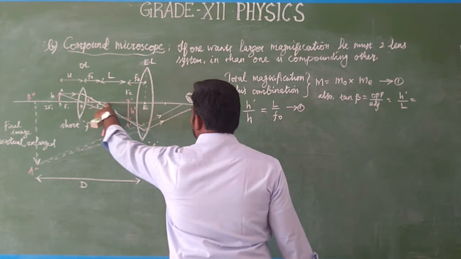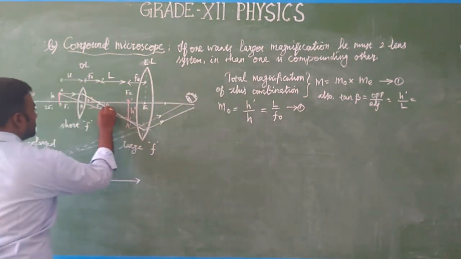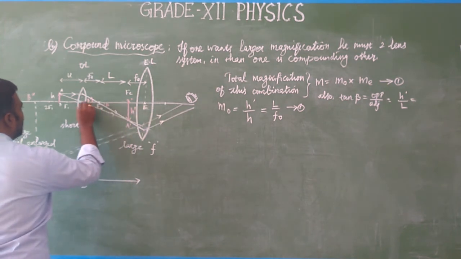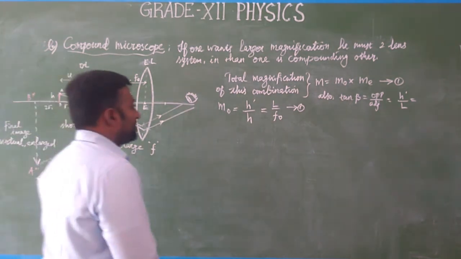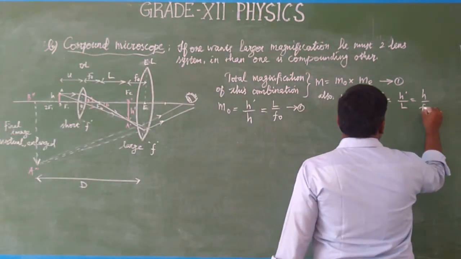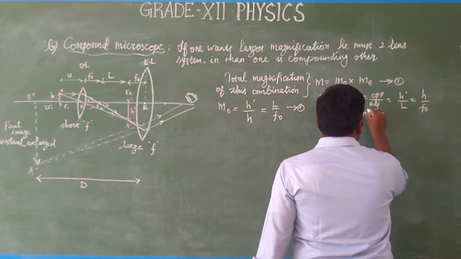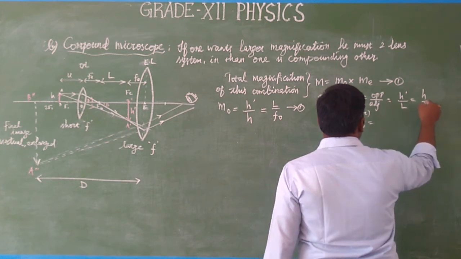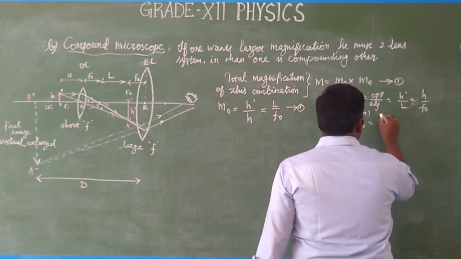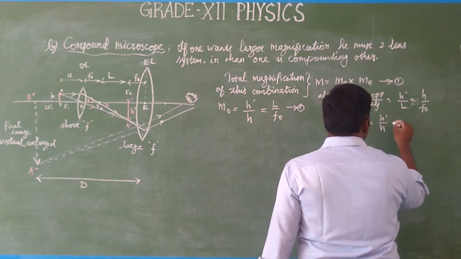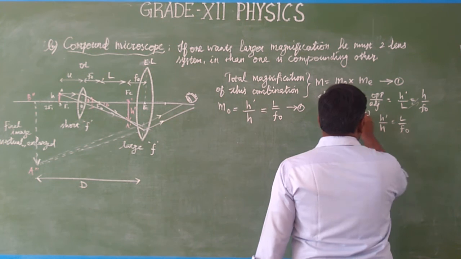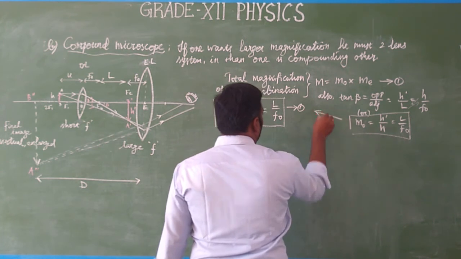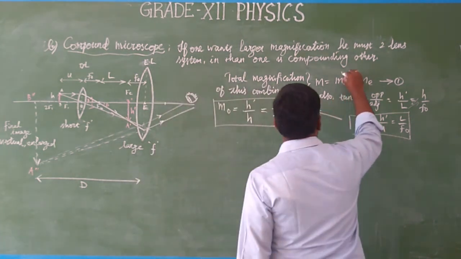We can exchange these, so H dash by H is equal to L by F naught. This is the magnification of the objective lens. So we found the magnification of the objective lens.